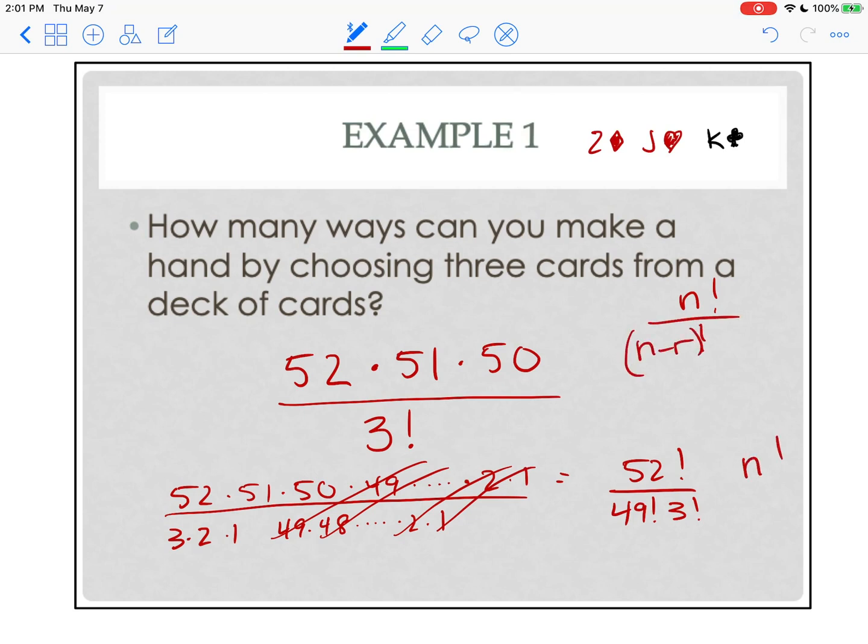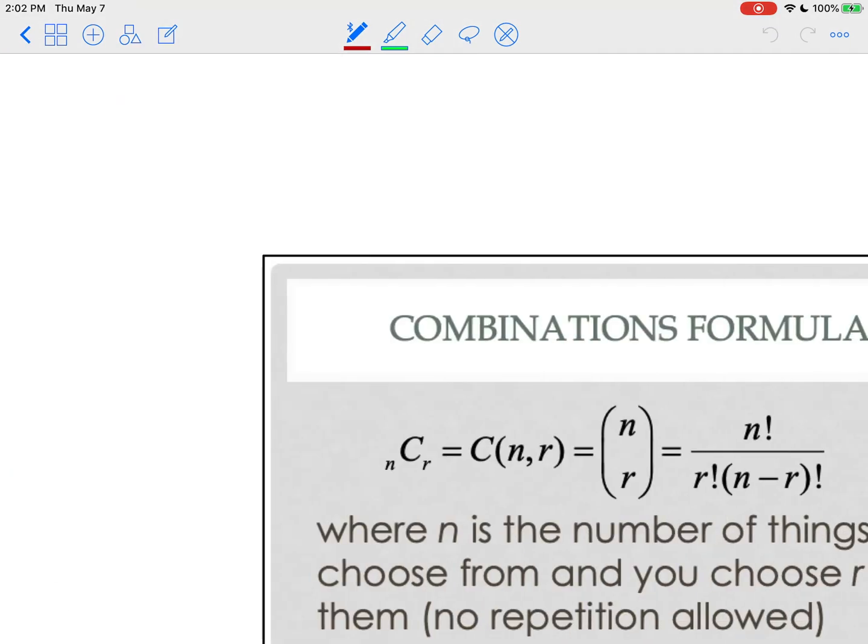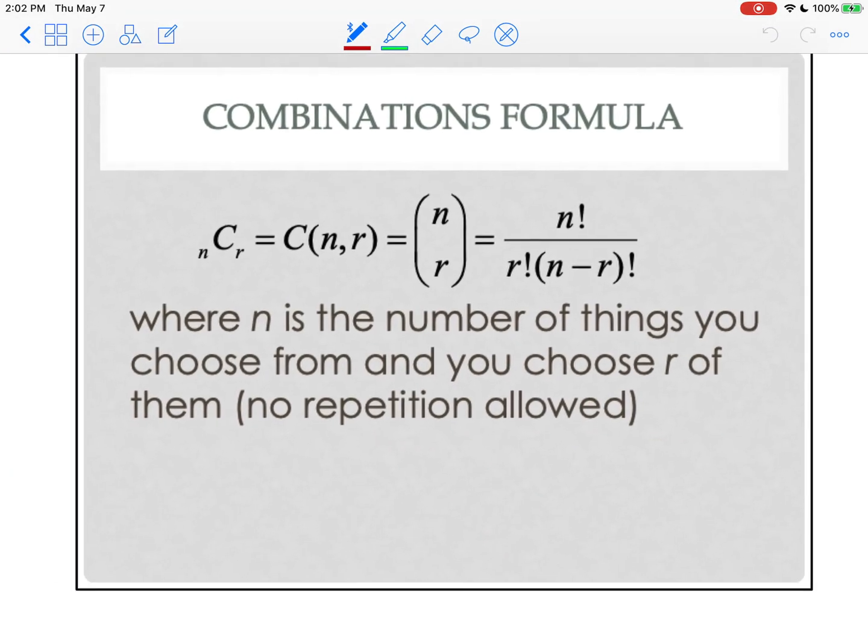We still have that, n factorial over n minus r, where 52 minus 3 is 49. But then we also have r factorial that we have to divide out so that we get rid of all the different ways that we are arranging 3 cards, or r cards, in my hand. So that gives me this formula.